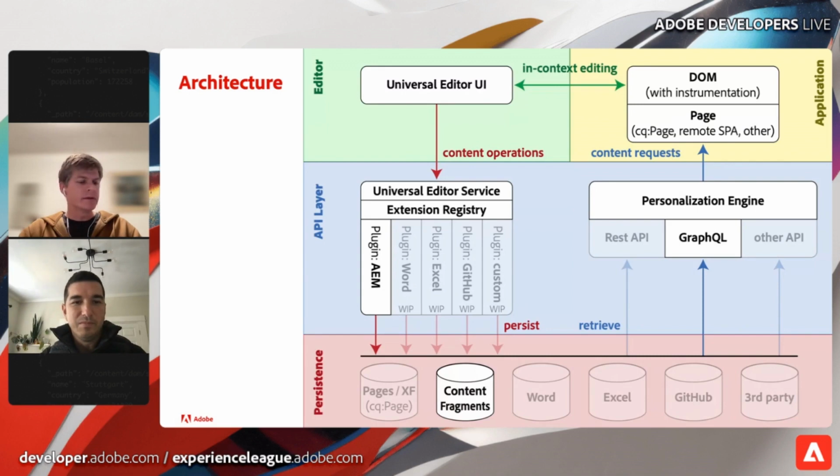Yes, and you can think of this personalization engine like an API gateway as well. So the idea is that you have this layer on top of our APIs that is maybe caching some of the content, that is maybe unifying the different backends that you're pulling content from, that maybe has some personalization logic inside of it as well to define which content now has to be displayed.